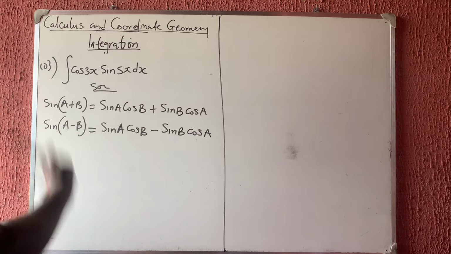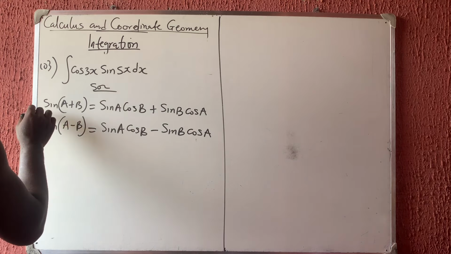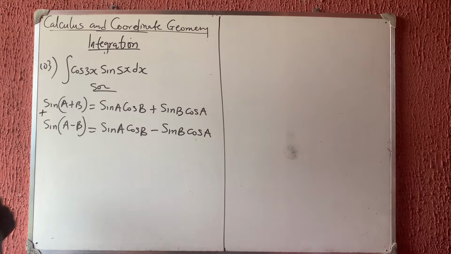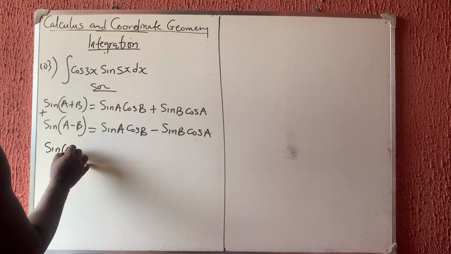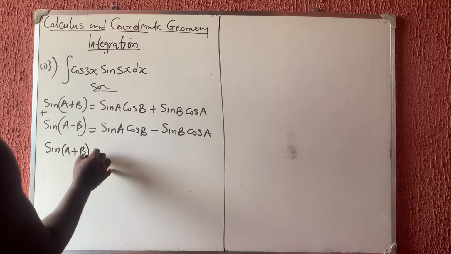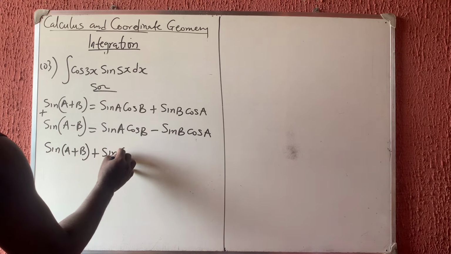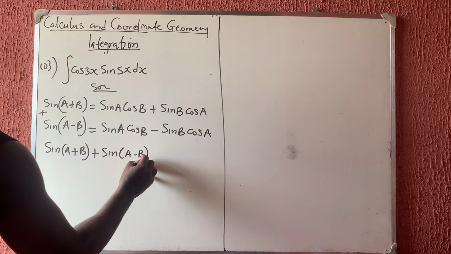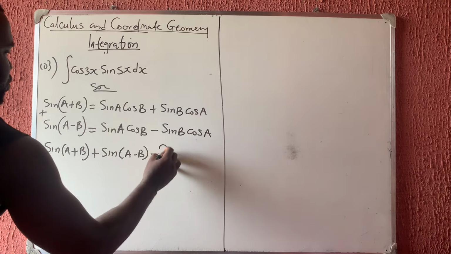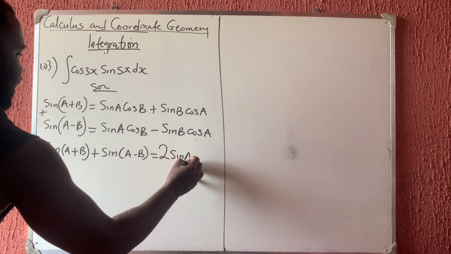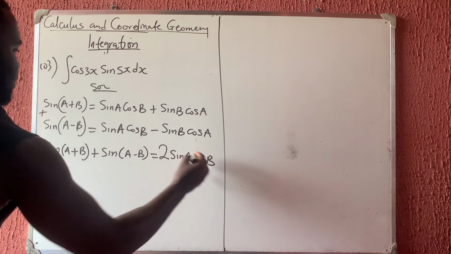Now if we decide to add both sides, sin(a + b) plus sin(a - b) is equal to 2 sin a cos b, because the other terms cancel.